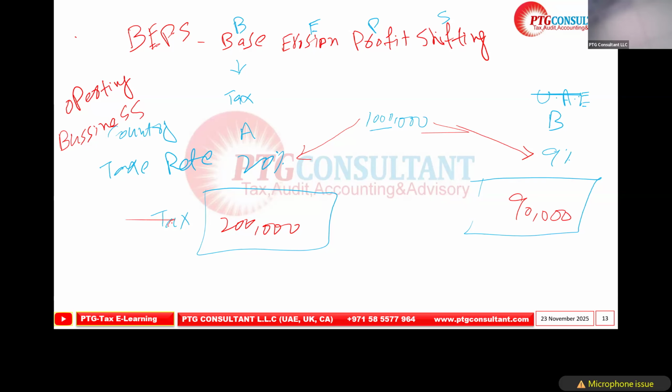So the people, the businessmen or the management, do a transaction to increase the cost in country A. So at the end, this profit will be only 100,000 after this.